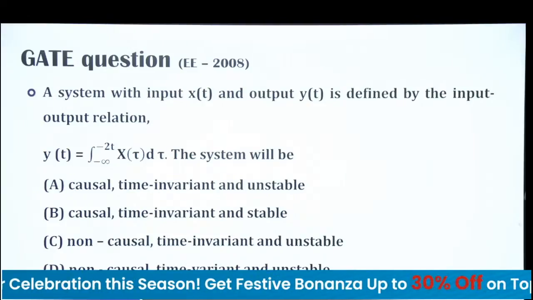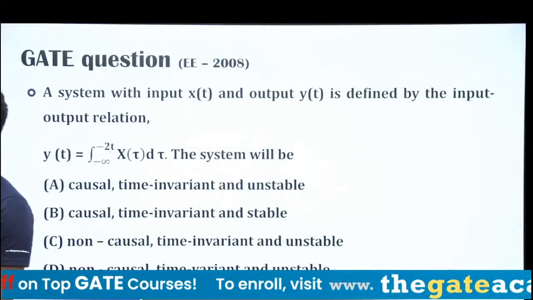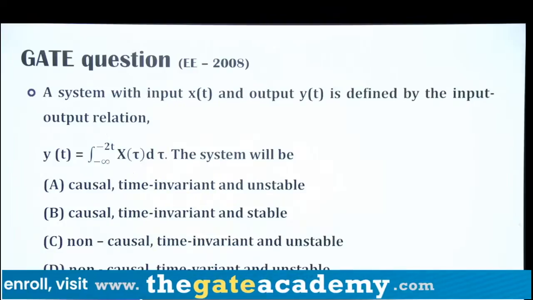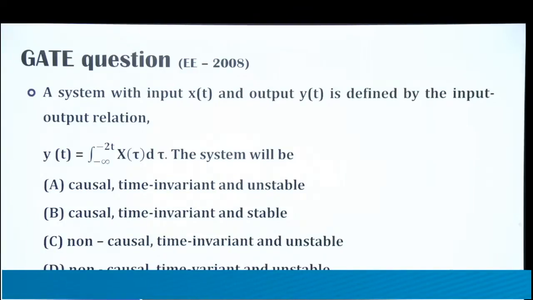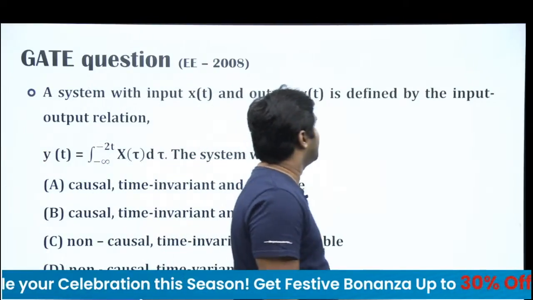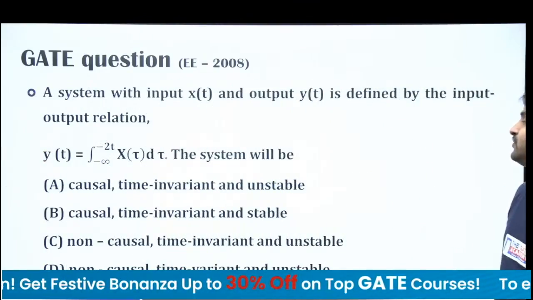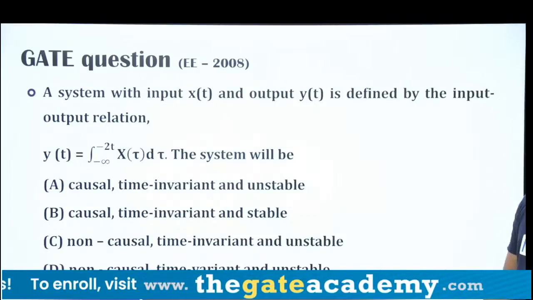We'll solve one more problem after this. Okay, so a system with input x of t and output y of t is defined by the input-output relation y of t is equal to integral minus infinity to minus 2t x of tau d tau.